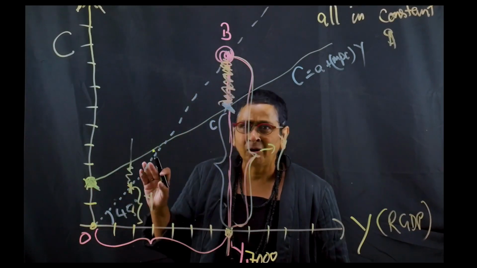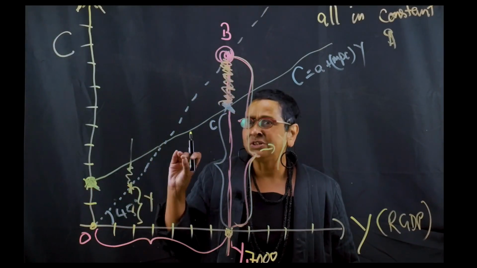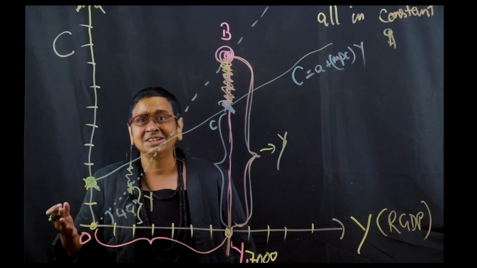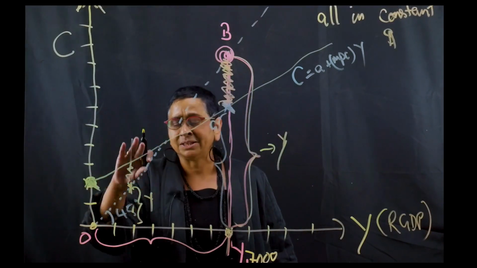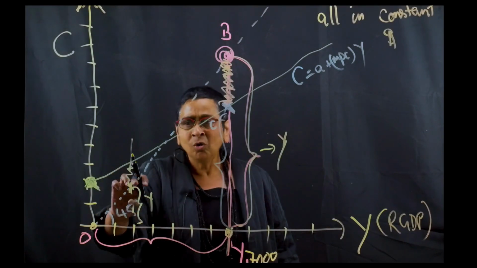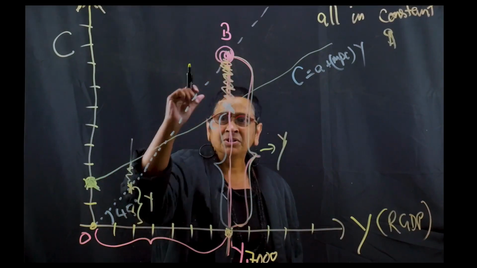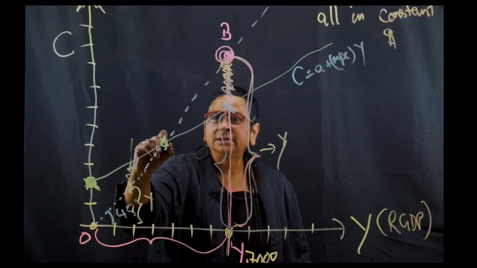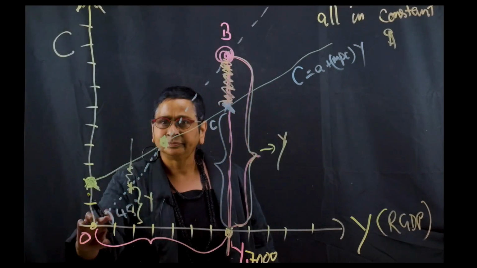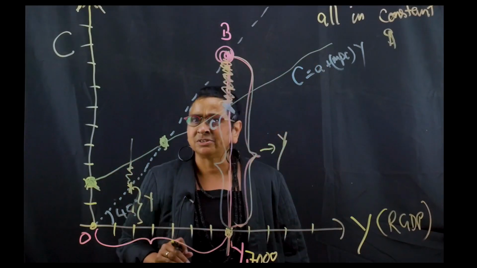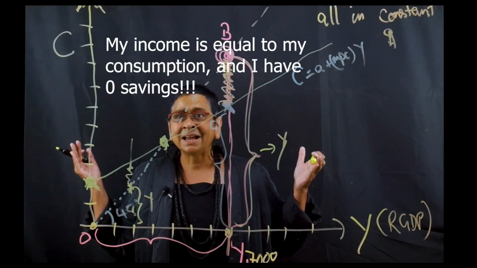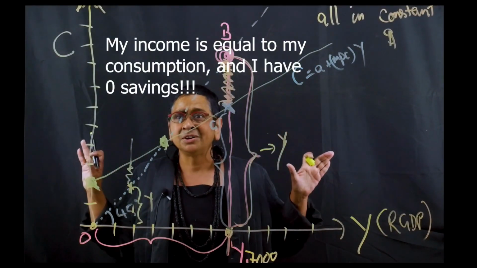Most countries don't actually operate there, but there are very interesting moments when very severe savings or very high levels of borrowing and things like that can make this happen. But overall, negative savings, positive savings, right here, this place where the 45-degree line crosses the consumption function, my income is exactly equal to my consumption and I have zero savings.